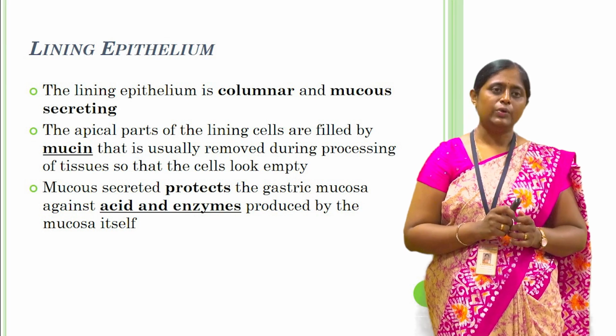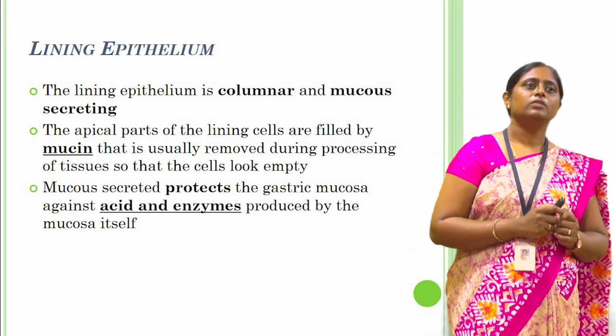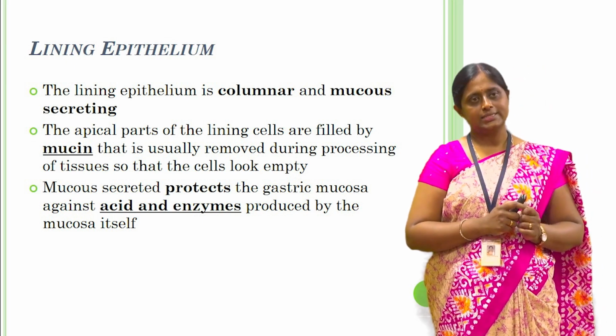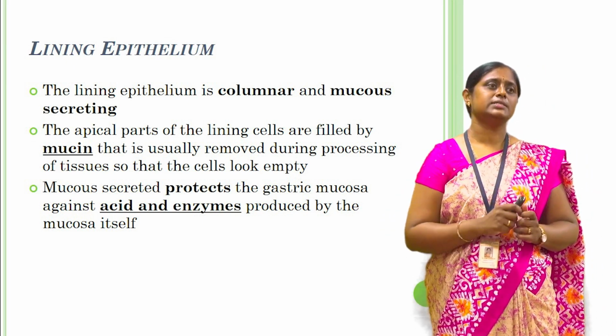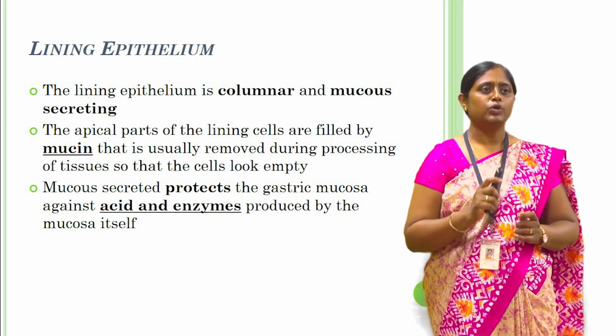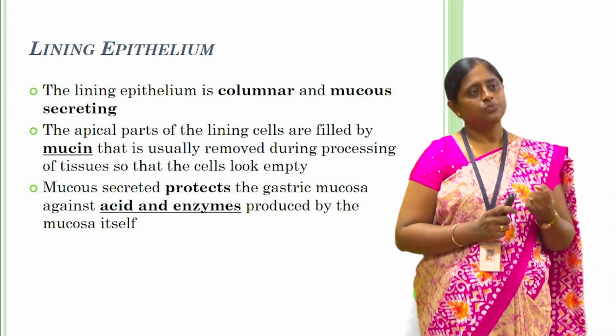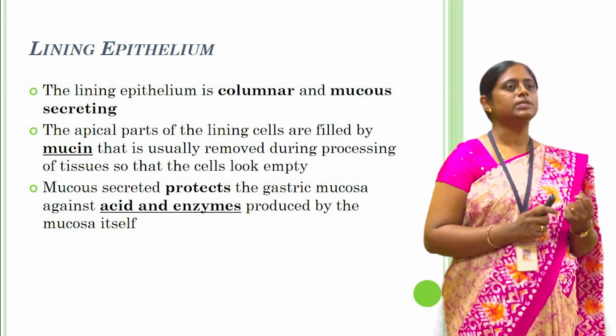The lining epithelium of the stomach consists of columnar, mucus secreting cells. The mucus secreting cells are important in the stomach because the lining cells are filled with mucin. This mucin helps to protect the lining columnar cells present in the epithelium of the stomach, because the stomach produces acids and enzymes.